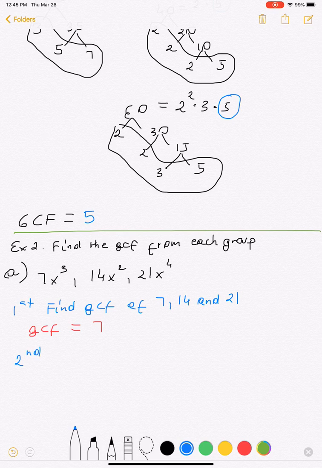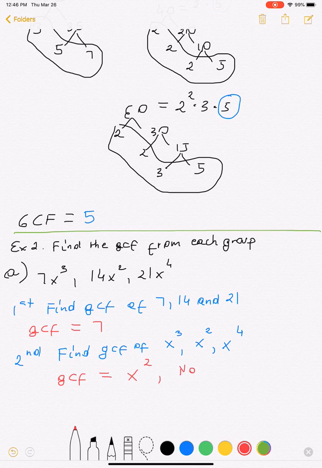Second, find the GCF of x to the third power, x squared, x to the 4th power. So when you have a variable, the greatest common factor is the expression to the smallest exponent, which will be x squared.